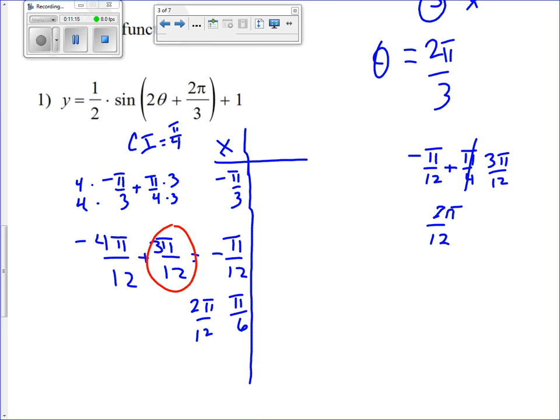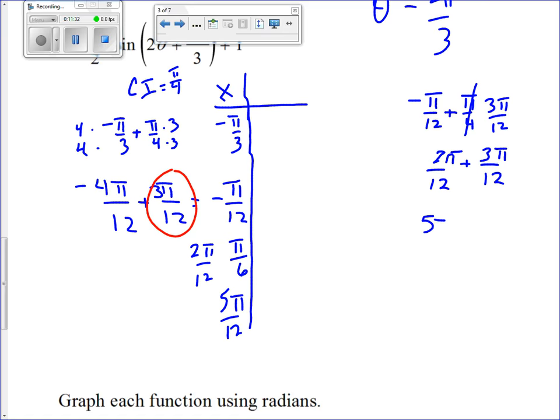Even though I'm reducing it to pi over 6, I'm going to use this 2 pi over 12 since it's already a fraction of 12. And I'm going to add 3 more, which is 5 pi over 12. And then 5 pi over 12 plus 3 pi over 12 is 8 pi over 12, which does reduce down to 2 pi over 3. And that was our right endpoint.